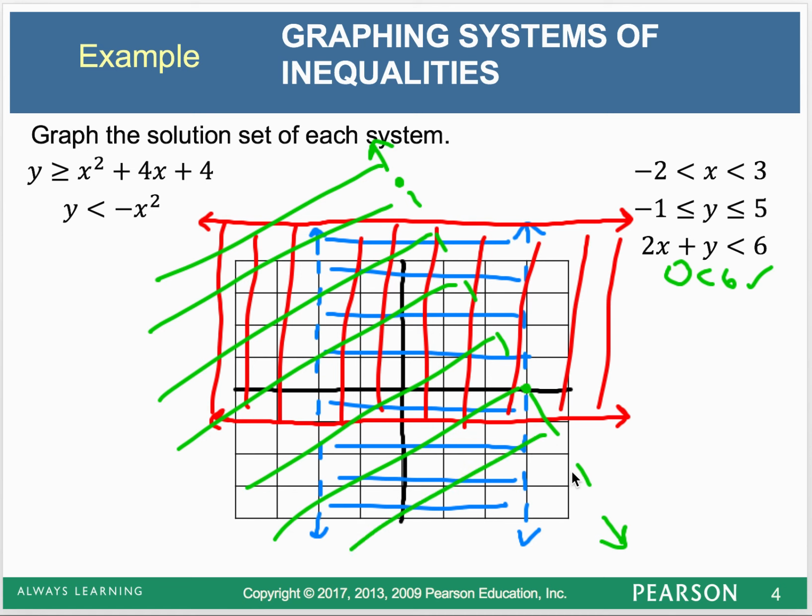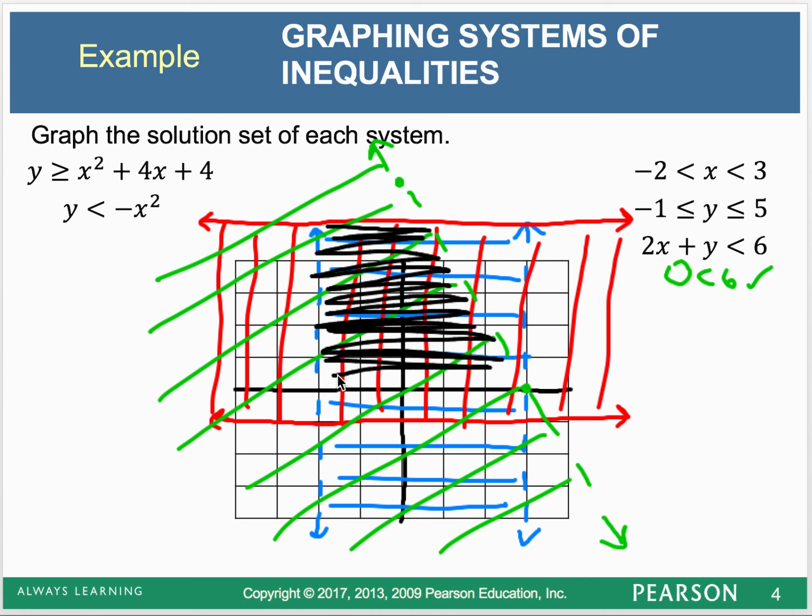Notice how much stuff we have going on, but because I've kept up with what's going on, I know that my answer a while ago was this rectangular region. So now that part's not part of it. So I'm going to shade in right here.